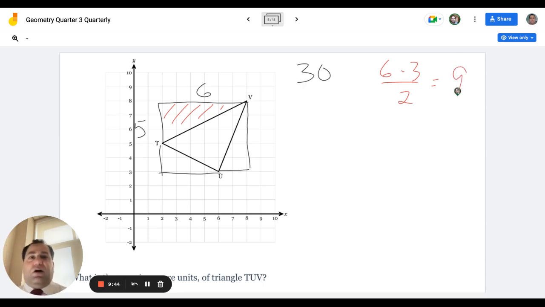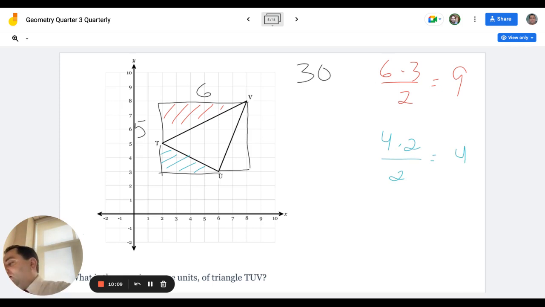So we have 9 units for the red. All right. Now let's look at this blue triangle down here. This is 1, 2, 3, 4 by 2, divided by 2. 4 times 2 is 8. 8 divided by 2 is 4. So that's going to be 4 additional units there.